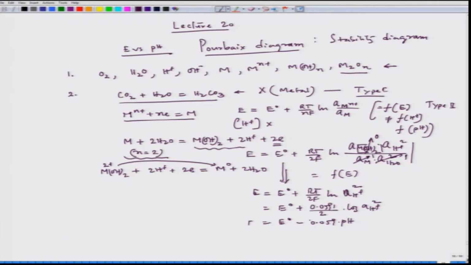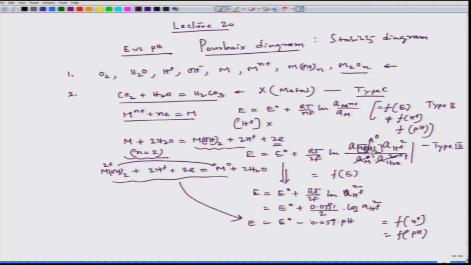So, we can express this reaction through this Nernst equation. You see that it is a function of potential, and at the same time it is a function of H plus ion presence, or a function of pH. So, this reaction becomes the type 3 category.